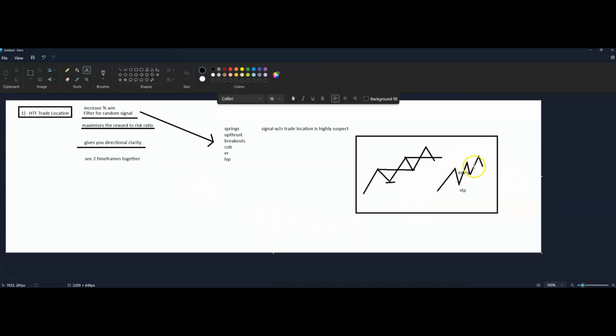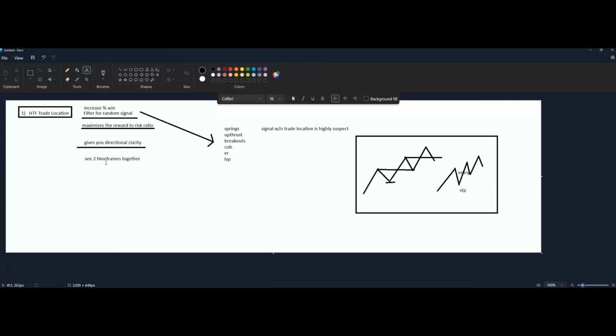It is looking at the lower time frame highs and lows with the higher time frame together and putting it in context. When you focus on trade location, the data is not just coming from one time frame. It is required to come from at least two time frames and put one in the context of the other.